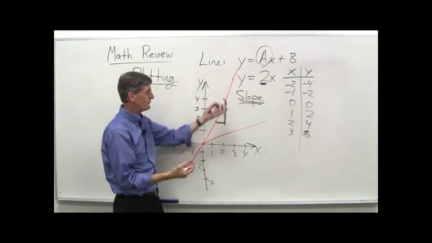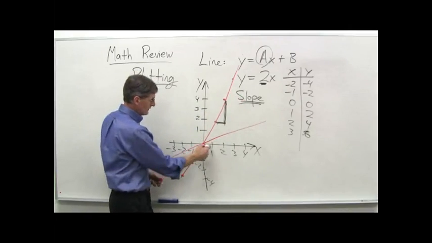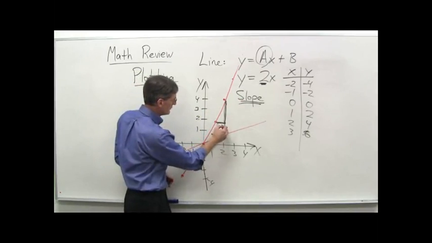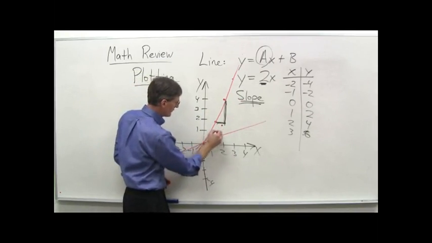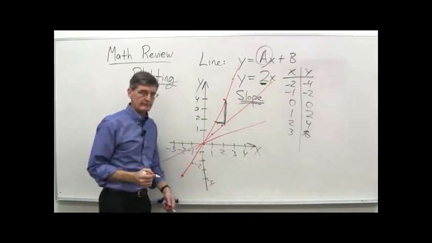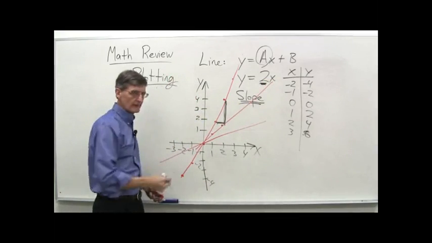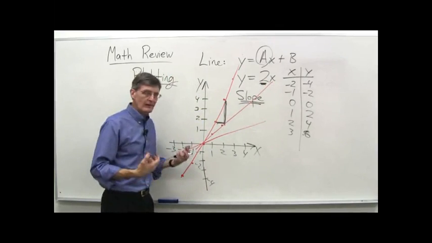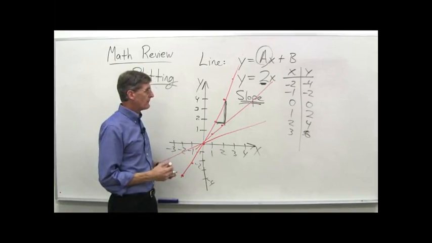So a slope of 1, if it was just y equals x, plotting 1, 1, when x equals 2, y equals 2, and so on and so forth. And so we get a line right down the center there, right at 45-degree angle, splitting the center of those other two. So that's the slope of a line.